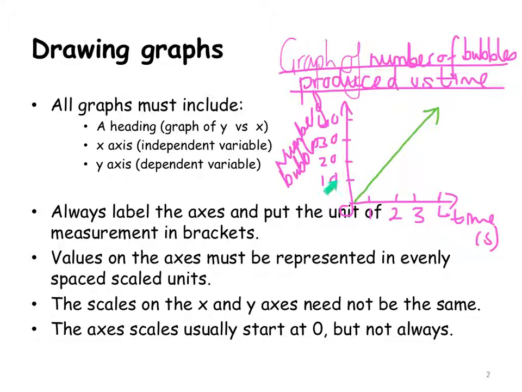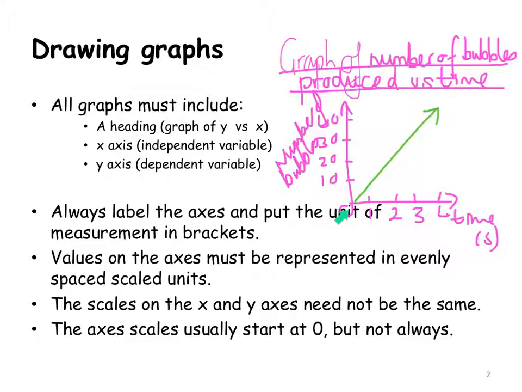I don't go, because after 1 second I had 5 bubbles, after 2 seconds, let's say, I had 12 bubbles, I don't go 5, 12, 17. I evenly space this axis over here. Then my dependent variable is what I measure, number of bubbles, versus the independent variable, and the number of bubbles is on the y-axis.